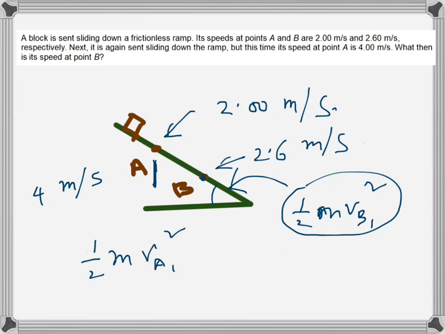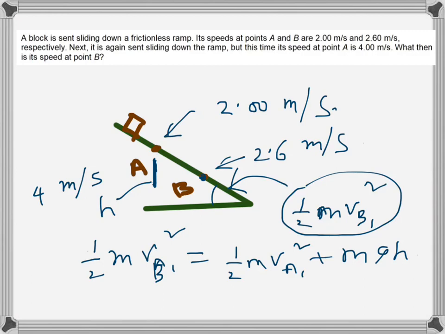So we can write it like this. If we call this height difference between A and B h, then half m VB1 squared will be equal to half m VA1 squared plus mgh, because h is the difference of height. We don't know the mass, but we don't need to.